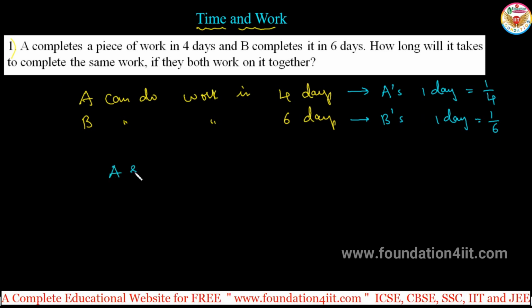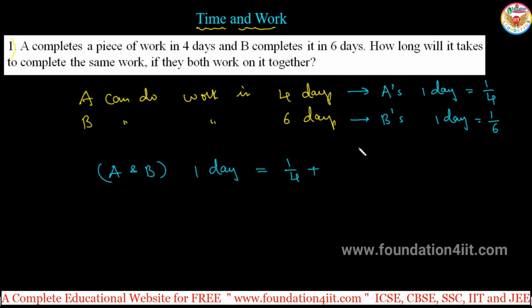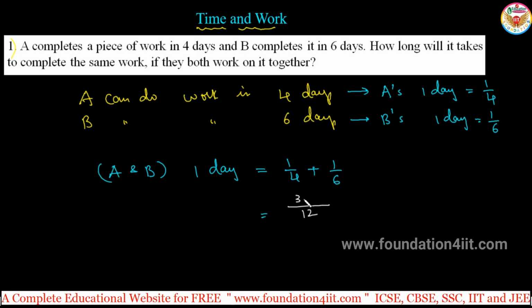A and B together: 1/4 part A is able to do, 1/6 part B does. So we need to add this. 1/4 plus 1/6. We can take the LCM, that is 12. 3 plus 2, so 5/12. 5/12 part of the work they can do in 1 day.